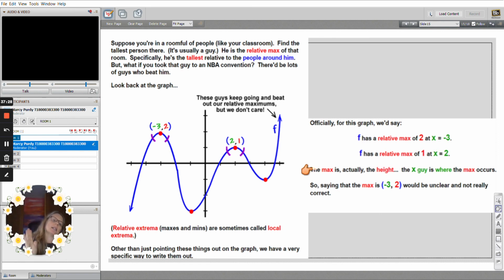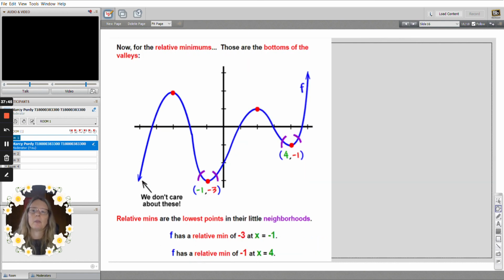So again, guys, the max is always the height. The x is where the max occurs. So the x coordinate of the ordered pair is where the max occurs. The y coordinate is the actual maximum. And same thing with minimum. All right, so let's take a look at this one. So relative mins here.